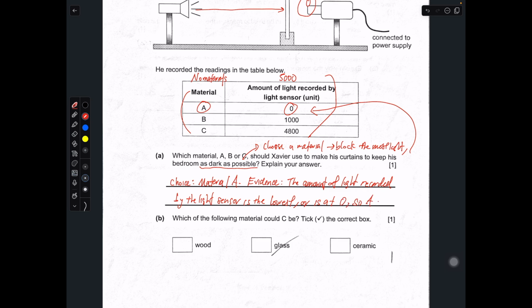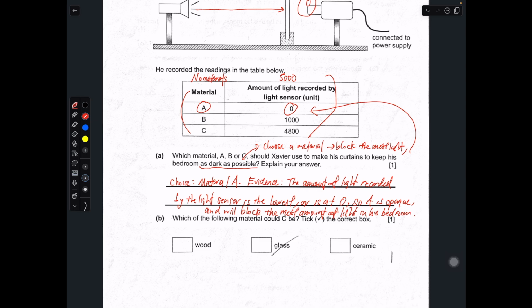So A is opaque and will block the most amount of light in his bedroom.